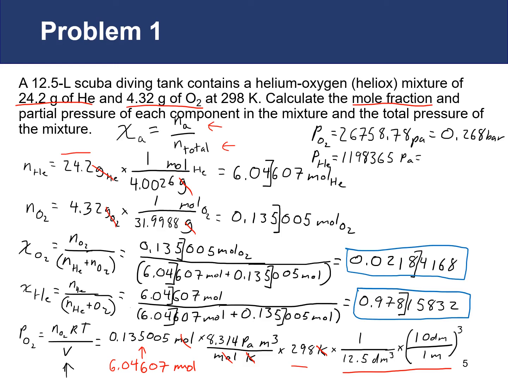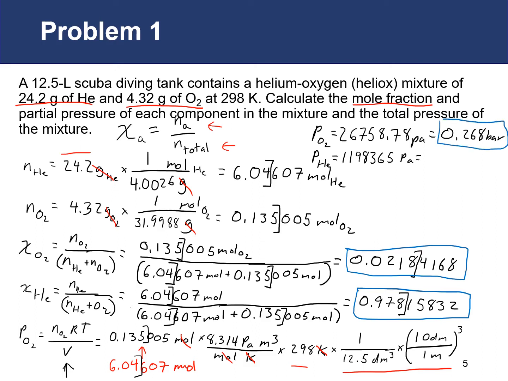Pascal, which when we're all done, because each one of our values here has 3 significant figures, right? Our end answer will only have 3 significant figures. So that's why we have 0.268 bar for our pressure of oxygen, right? That is our answer for our partial pressure for oxygen.